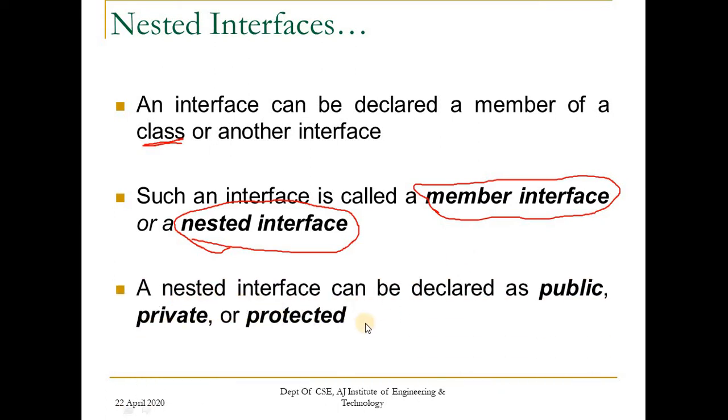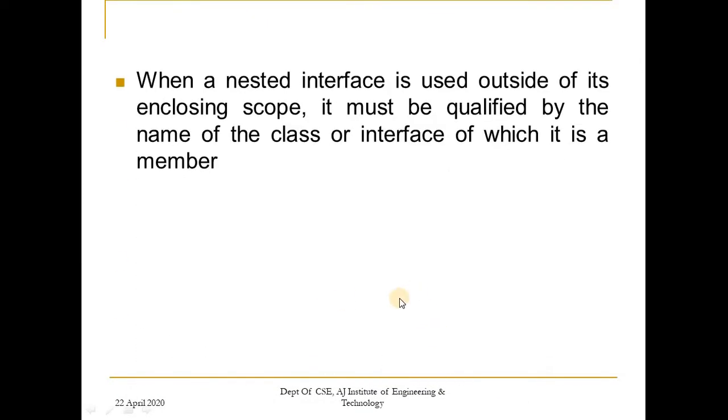A nested interface can be declared as public, private, or protected. When a nested interface is used outside of its enclosing scope, it must be qualified by the name of the class or the interface of which it is a member.